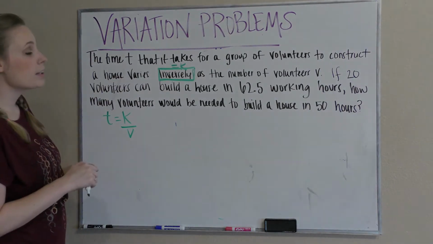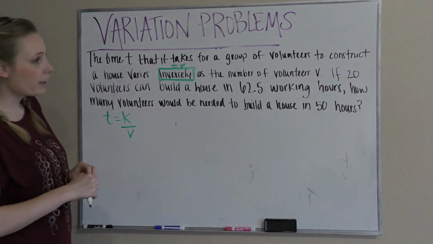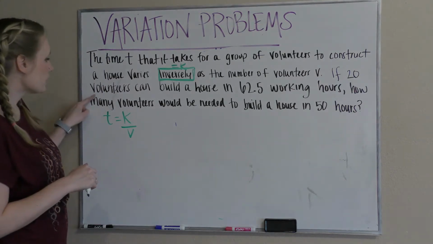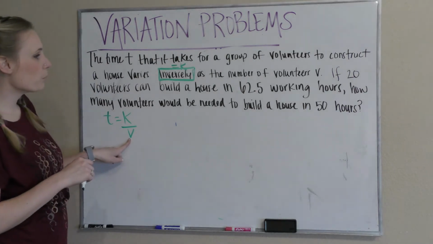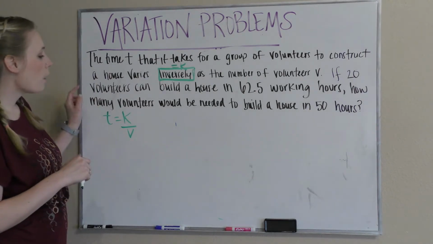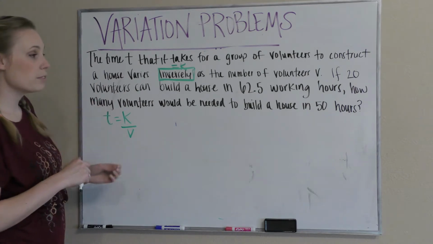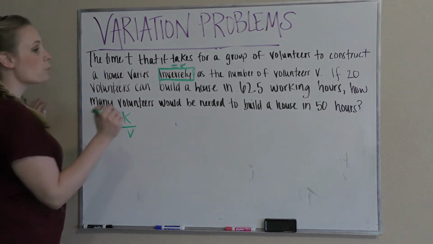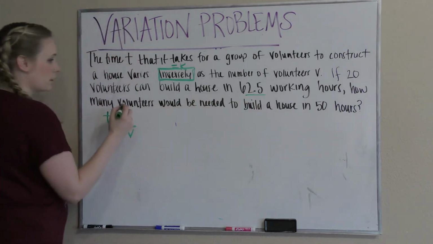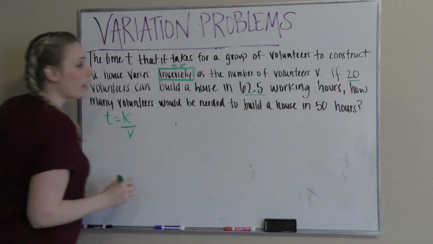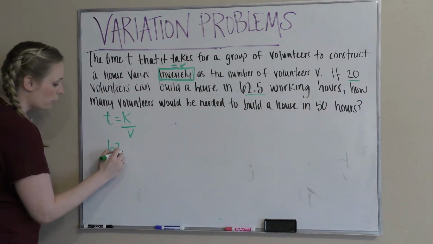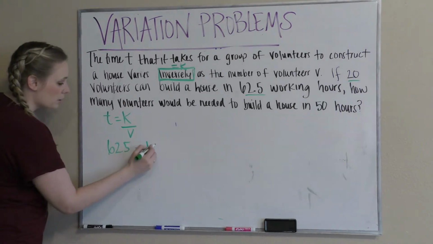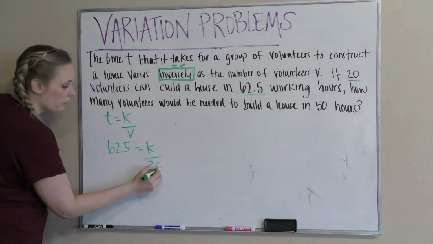Now we're ready to solve for k. If 20 volunteers, so that would go here, can build a house in 62.5 working hours, how many volunteers would be needed to build a house in 50 hours? So we have this and this to solve for k. So we know that it takes 62.5 hours to build the house if we have 20 volunteers.